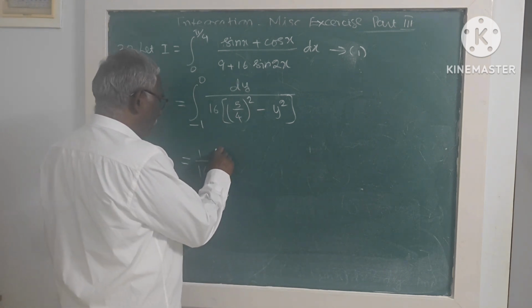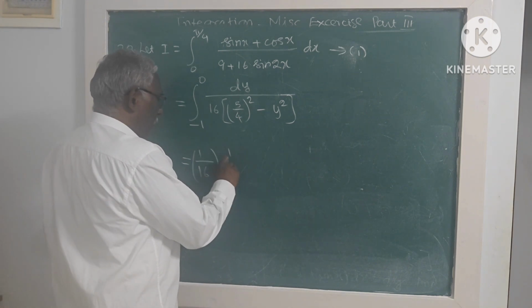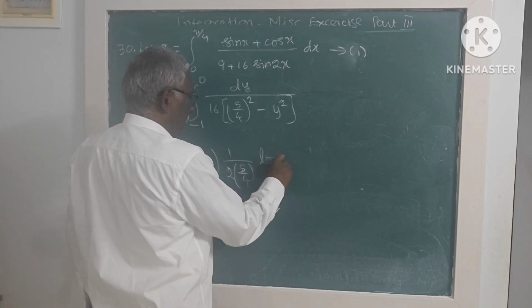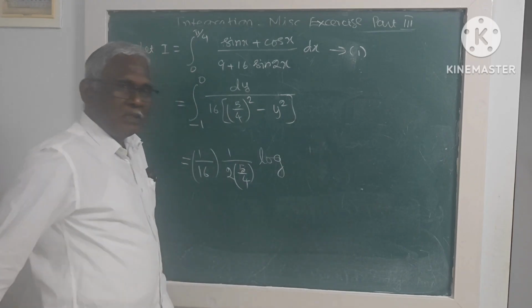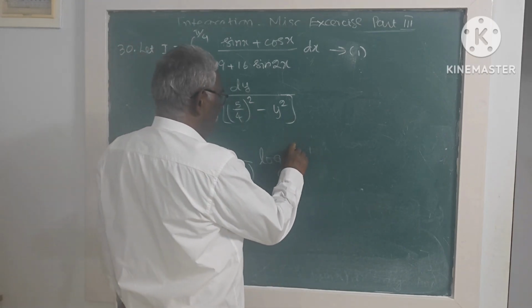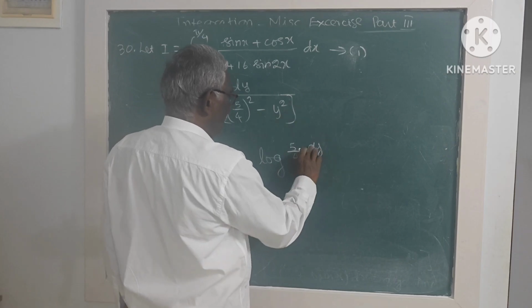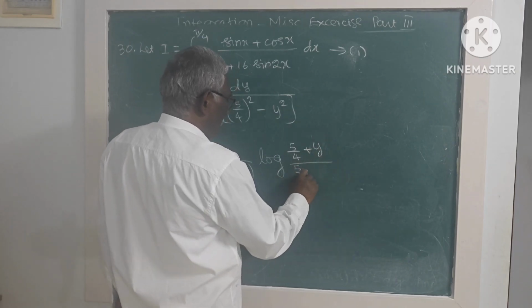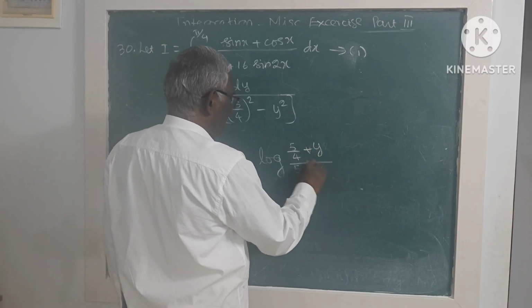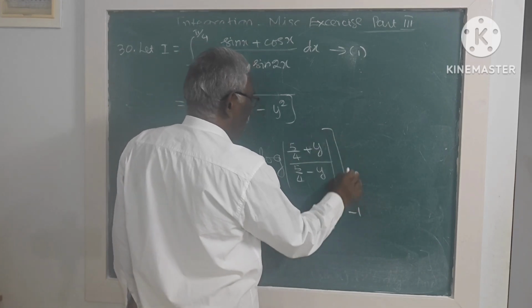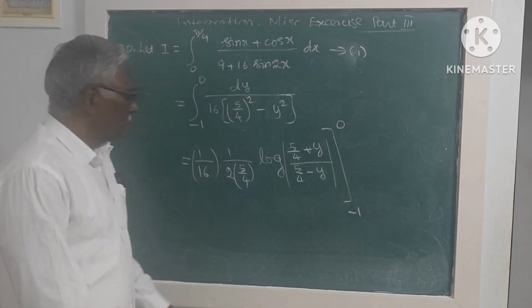So 1 by 2a, 2 times 5 by 4, log of a plus x, 5 by 4 plus y by 5 by 4 minus y. Limit is minus 1 to 0.